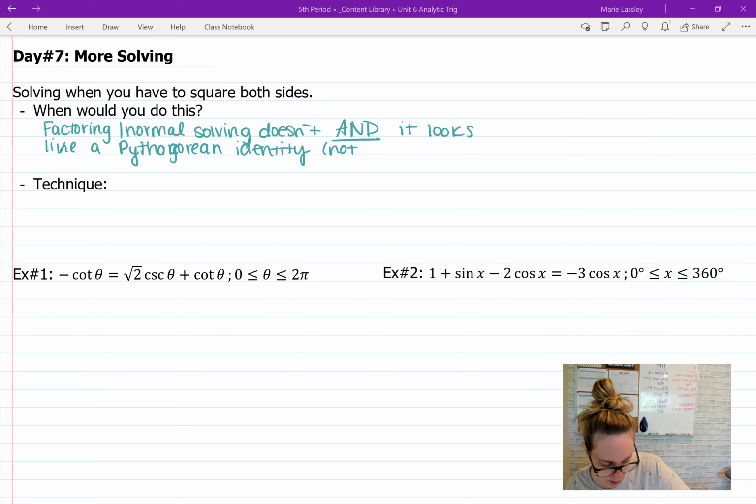So it looks like a Pythagorean identity, just not squared. That's kind of what we're looking for.